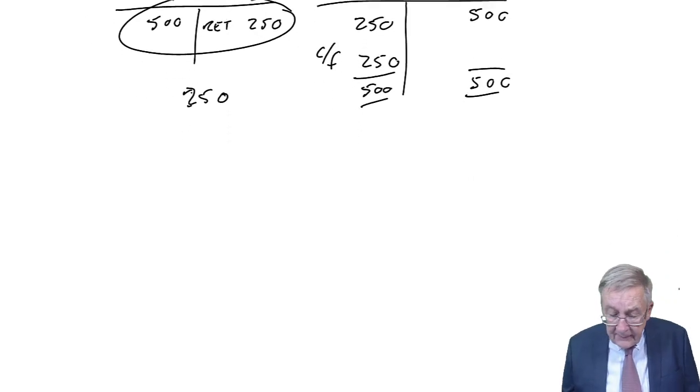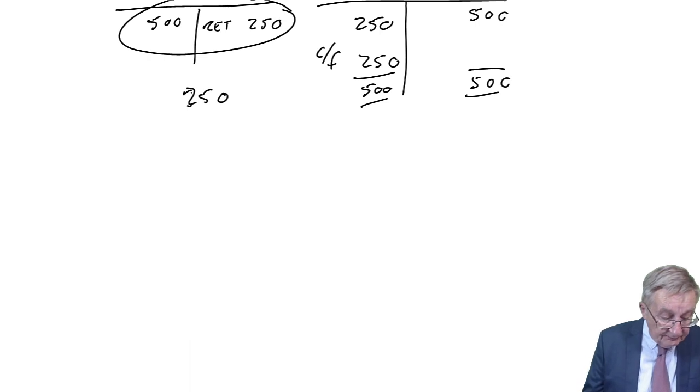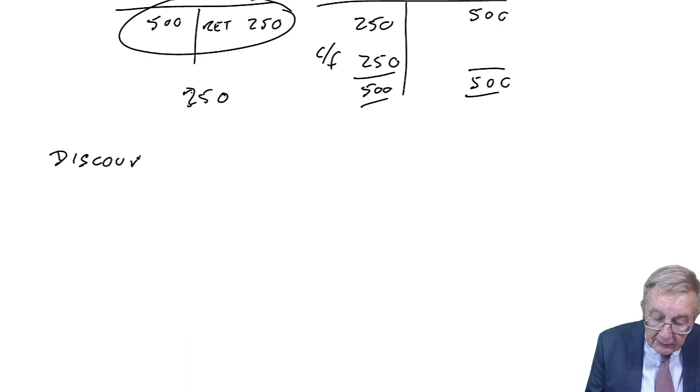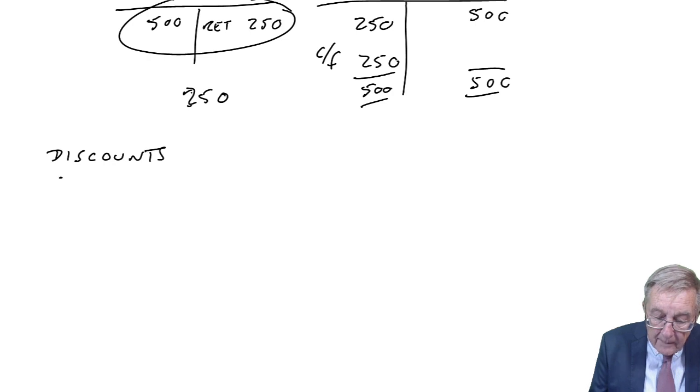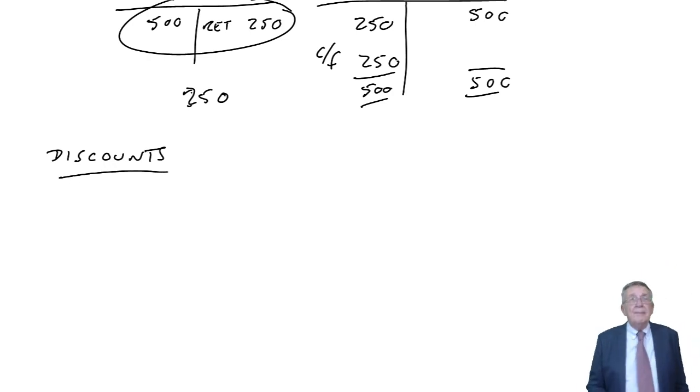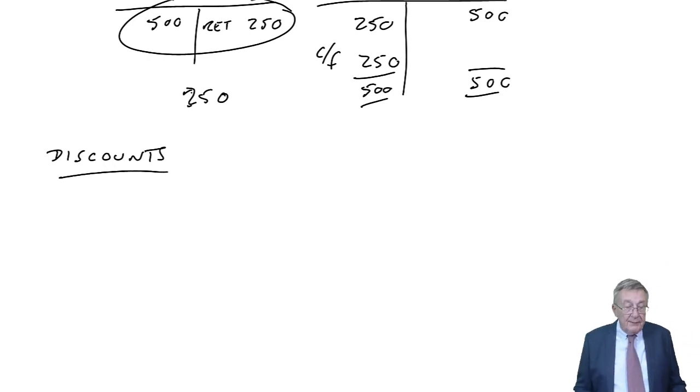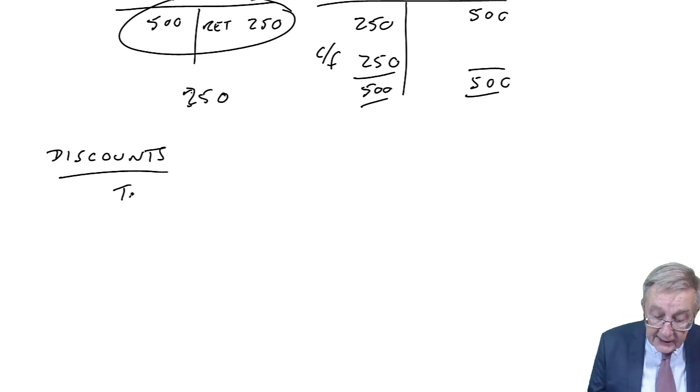The next one, discounts. Now, there are 2 types or 2 reasons why a supplier might give us a discount. One reason we call a trade discount.